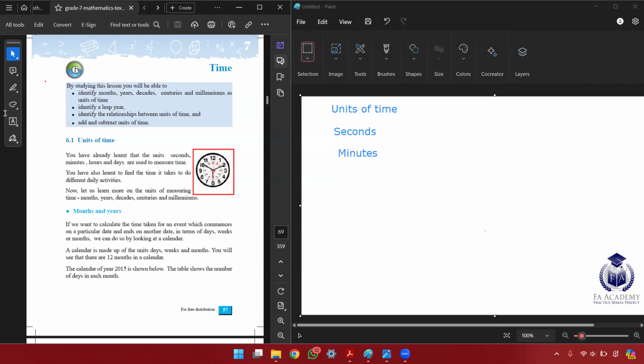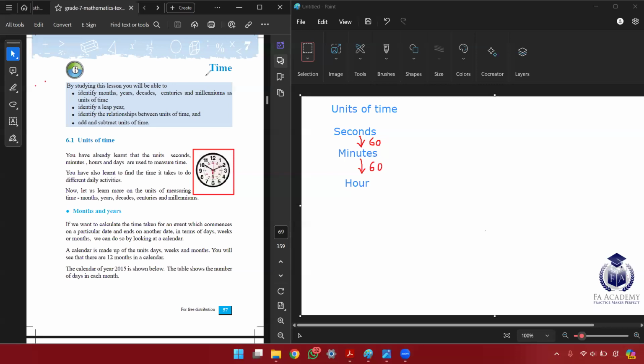So 60 seconds is equal to a minute, right? And then how about 60 minutes? Let's say 60 minutes are gone, then that is equal to 1 hour, right? So let me type that. That is equal to 1 hour.